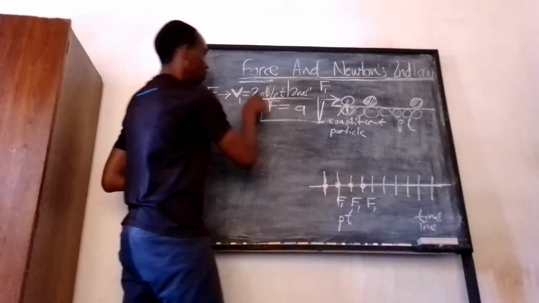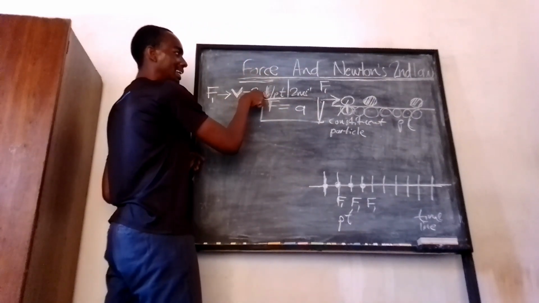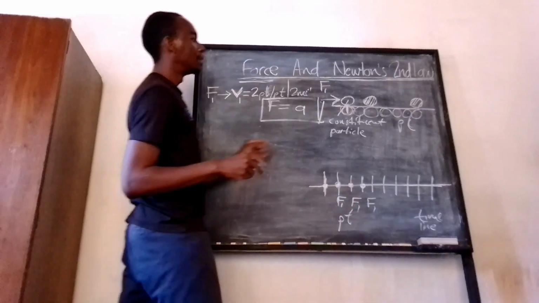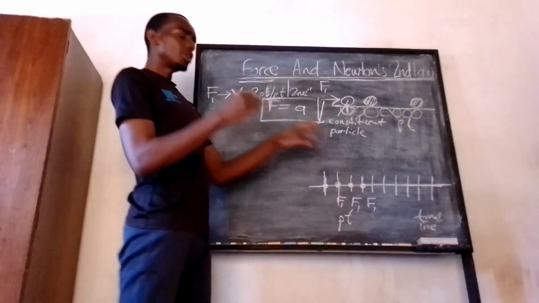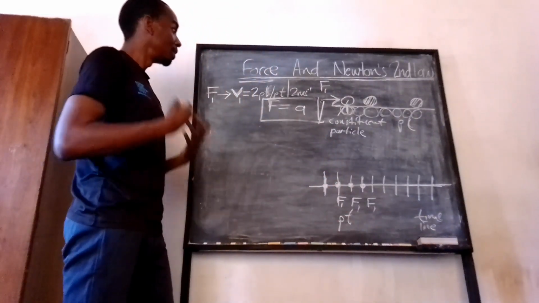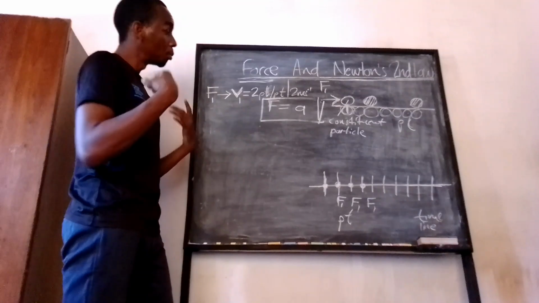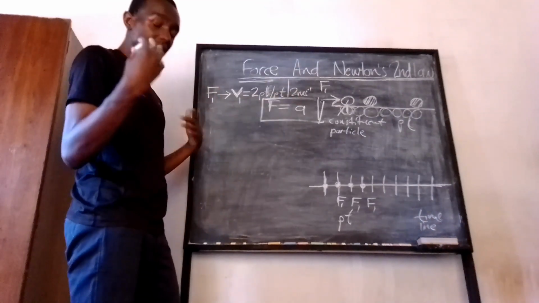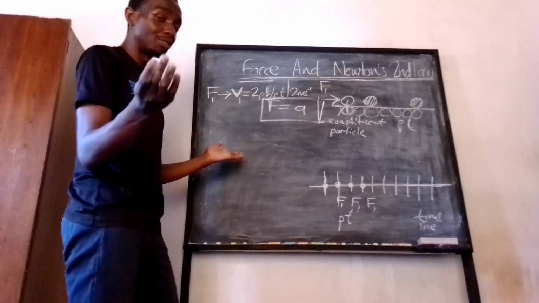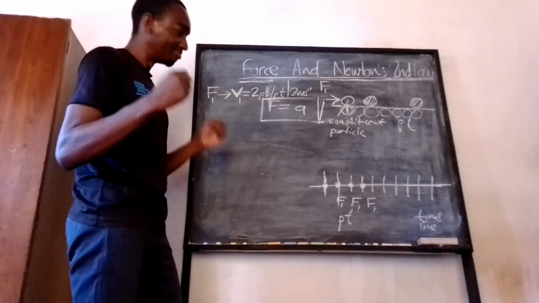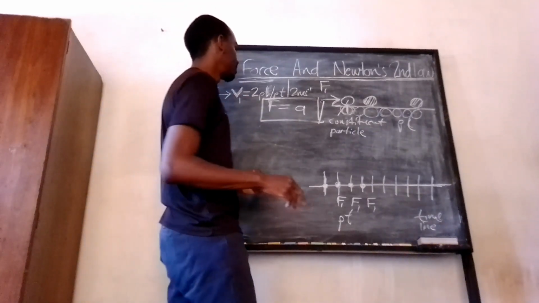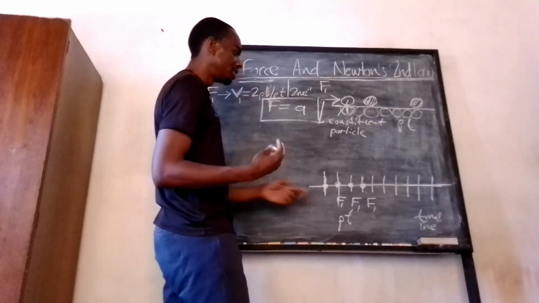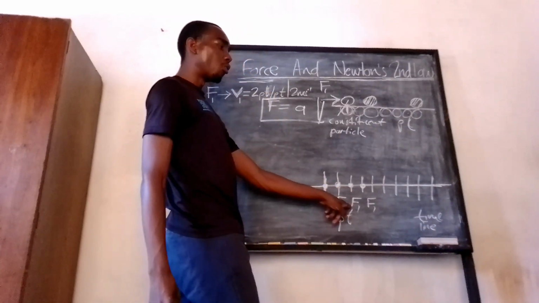That's why I wrote 2 part length per part time. Part time is just a single unit of time. Then the body is now moving at 2 part length per part time, or 2 meters per second. You can use meters per second to make things clear, but it's not very effective; you'll understand later. So the body is moving. It hasn't lost its velocity. I introduce F1 again. What happens?